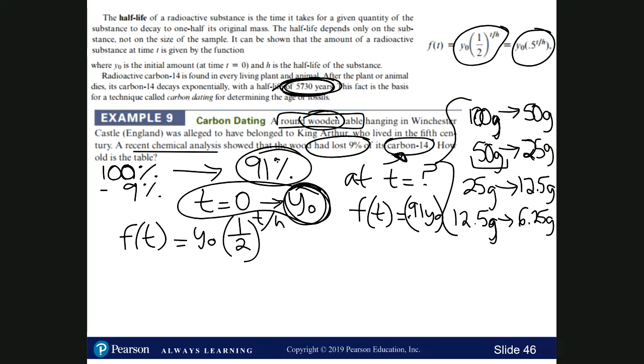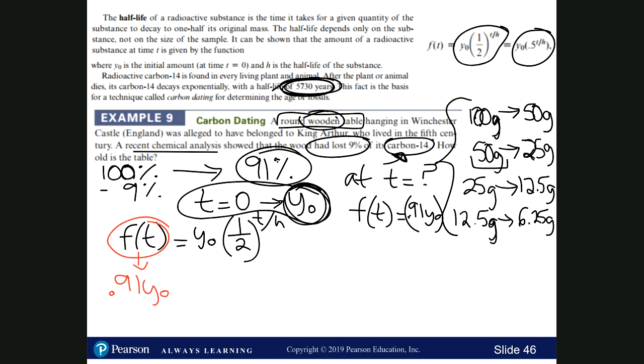And so we're going to turn this f of t, the future amount, or the amount at which it was found, into 0.91 times y sub 0.